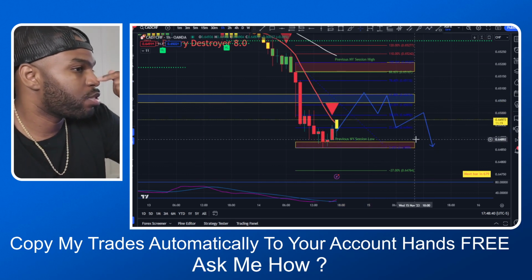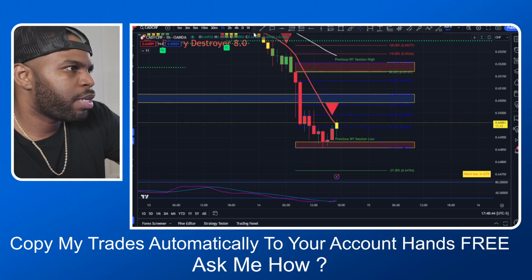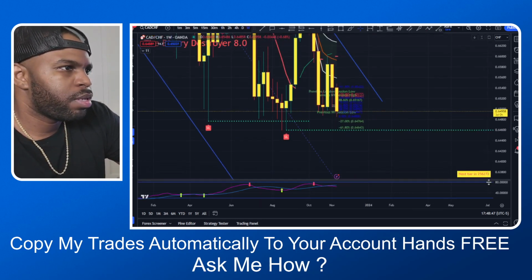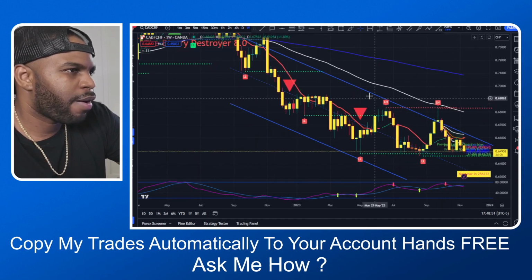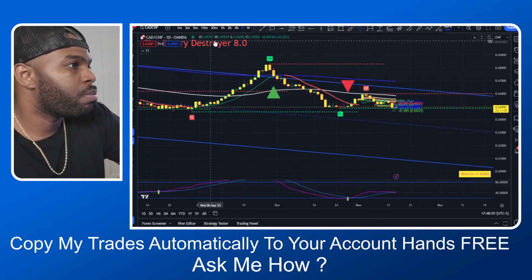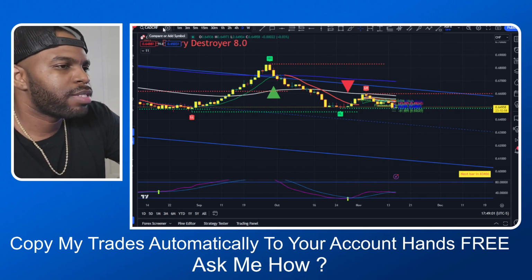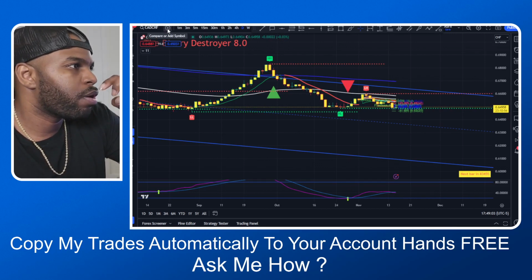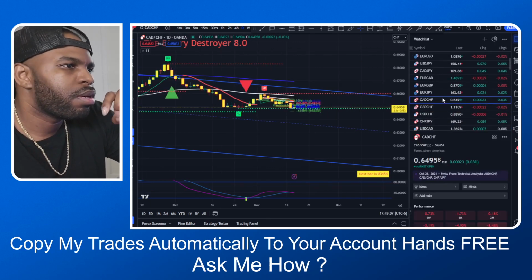Because like I said, CAD CHF is in a downtrend, so I will only be looking for sells based on the weekly time frame, because we're creating a whole bunch of lower highs and lower lows. So I'm looking for sells mostly when it comes to CAD CHF. Okay, so we'll see. And then also the Canadian dollar likes to follow the US dollar as well. So yeah, we'll pay attention to that.